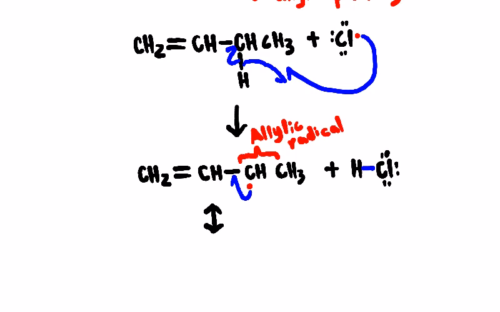However, we're never going to have a single unpaired electron present within a covalent bond. And that's what we're showing based on this arrow. So instead of that being the single isolated process that happens, also what's going to happen is that coming over one position here, we're going to have an electron from the covalent bond, from that pi bond, coming over to make a carbon-carbon double bond here.